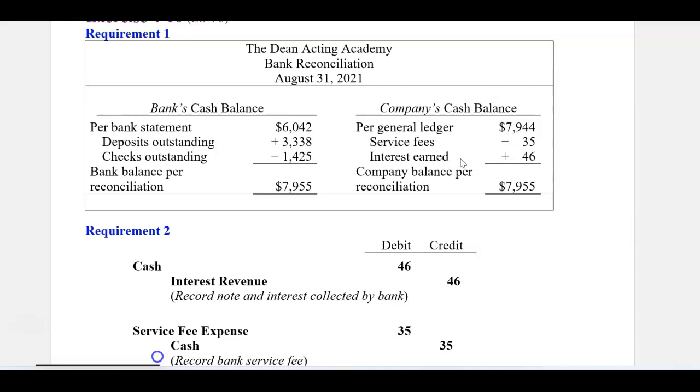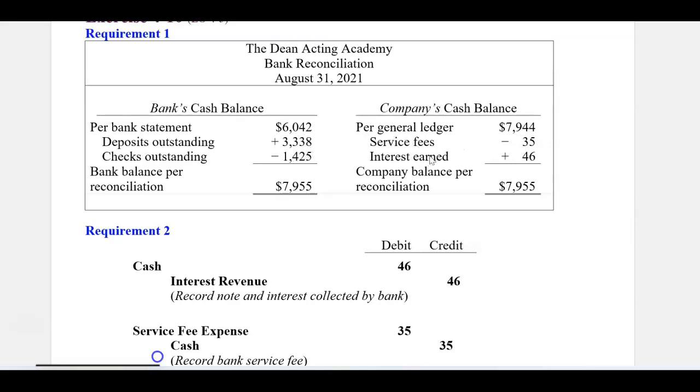Interest earned is a credit memo in the bank statement. You didn't know about it till you see the bank statement. You say, oh, I got another $46 for interest. That's good. So I'm going to add it to my company's cash balance.